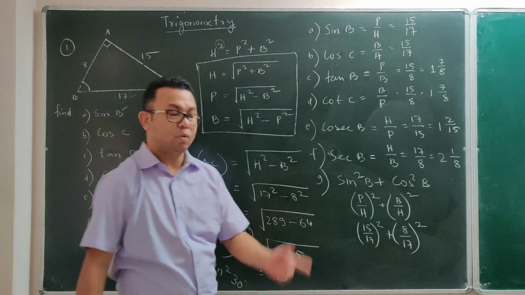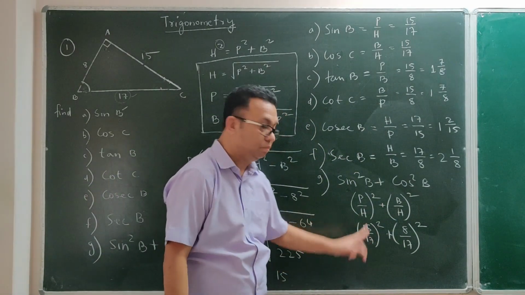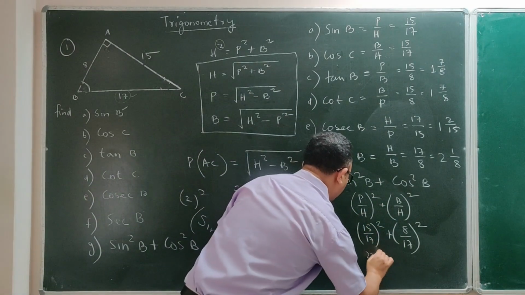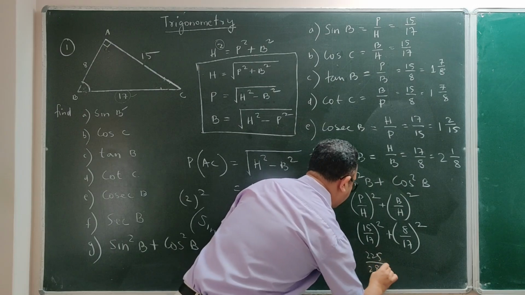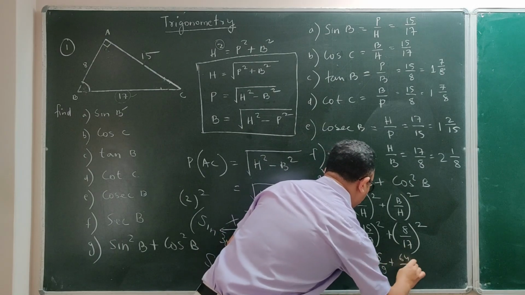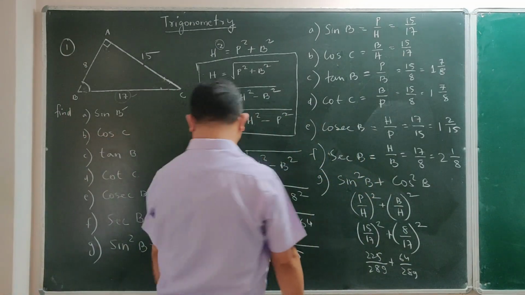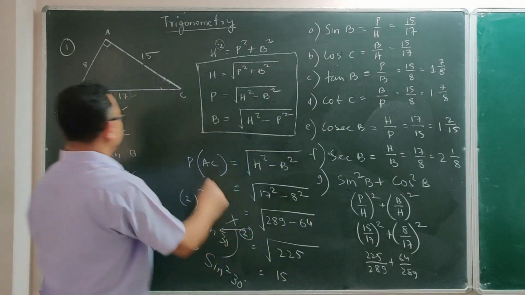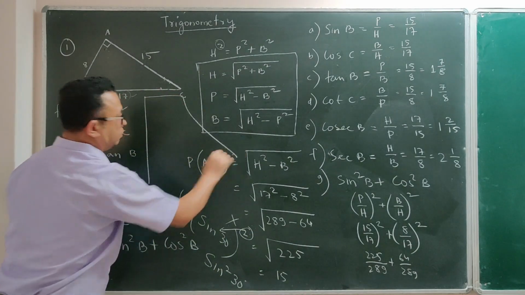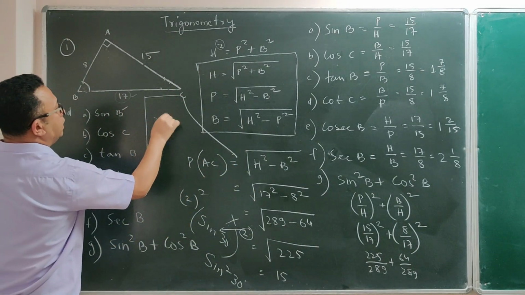Now what do you do? You will square. Now whole square for both of them. So 15 square is 225 by 289 plus this is 64 by 289. Now if you are taking the LCM between the two. Okay, since I don't have space, let me do it here. Now the LCM is 289.